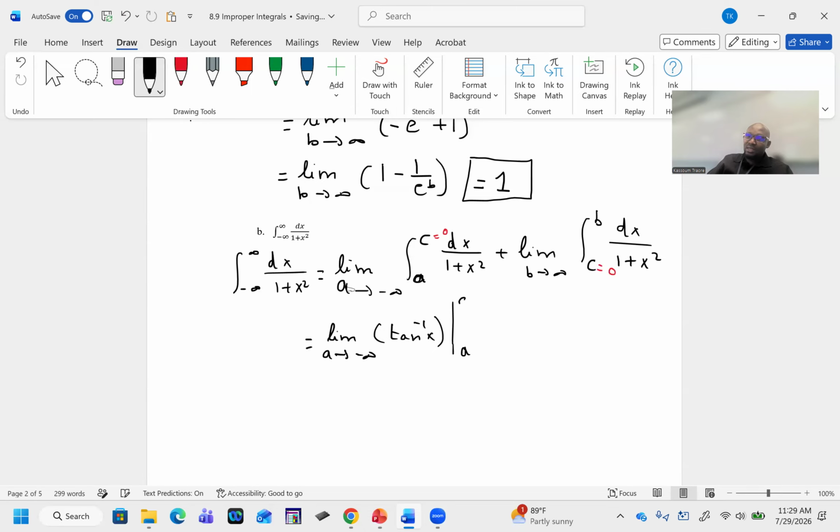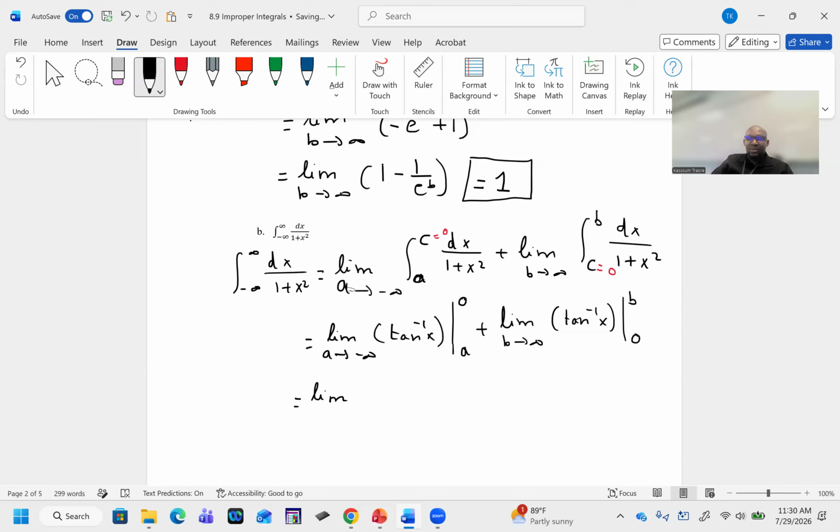So a to 0 plus the limit of tangent inverse of x from 0 to b, which will give us tangent inverse of 0, which is what?